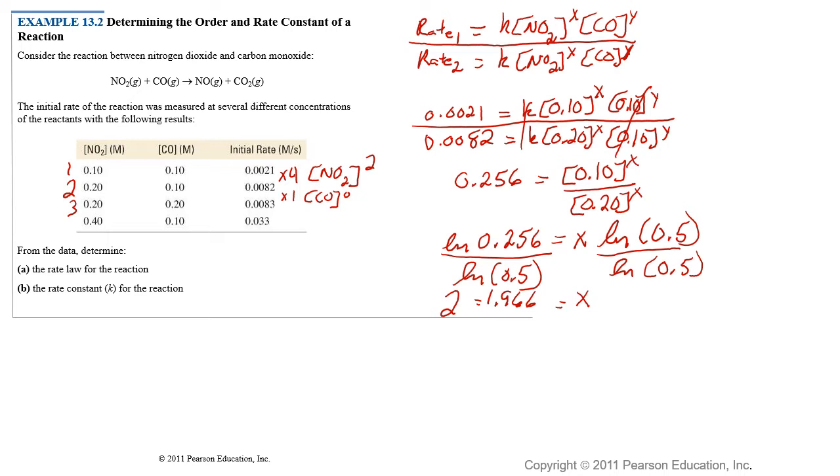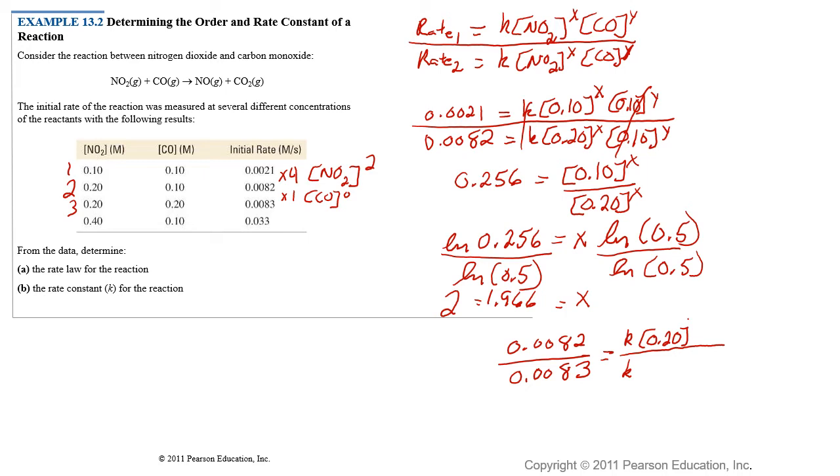We can do the same thing for our y. So we're going to plug in the numbers, look at rate 2 versus rate 3. Plug it into our rate law. Use our concentrations. Again, we don't know k yet, but that's all right. And now we're going to hold the concentration of our nitrogen dioxide constant.